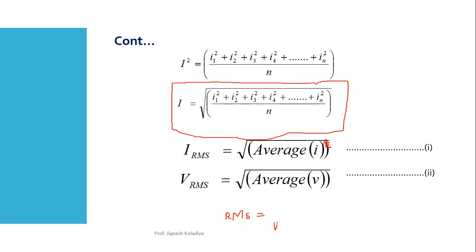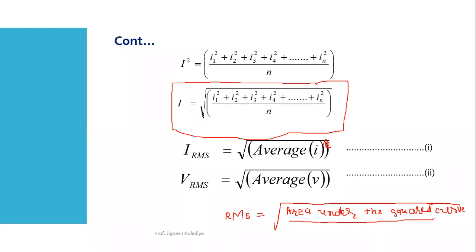Square root of area under the squared curve divided by period for 1 cycle.